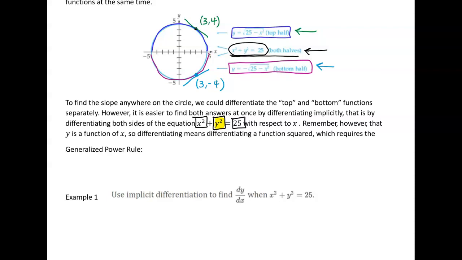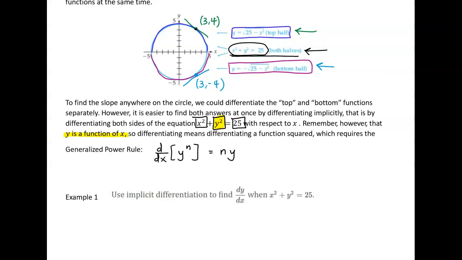Now, I said we have to be careful when we take the derivative of that y squared because y is a function of x. There's composition in there. So hopefully that's reminding you of the chain rule. So generally speaking, if I'm trying to take the derivative of y to some power n, we still apply the power rule. We bring the exponent of n down.